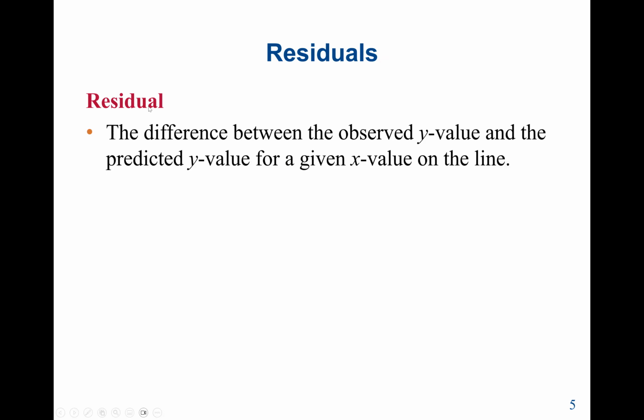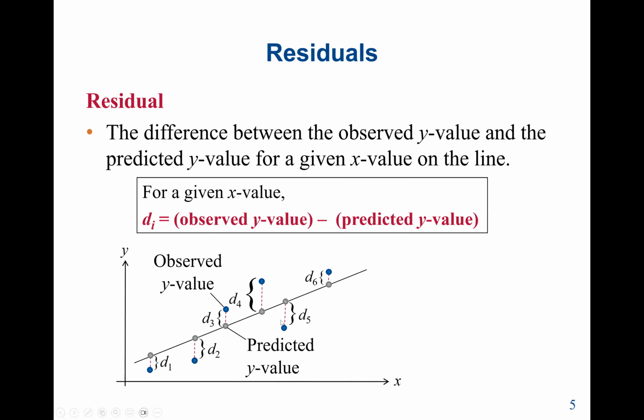Next, we want to know what a residual is. A residual is the difference between the observed Y value and the predicted Y value for a given X value on the line. So a residual will be more or less an error. If the predicted Y value is the same as the observed Y value, then the residual is 0.